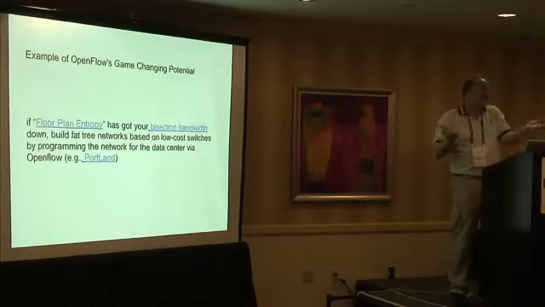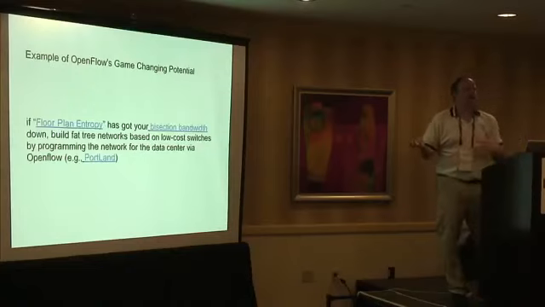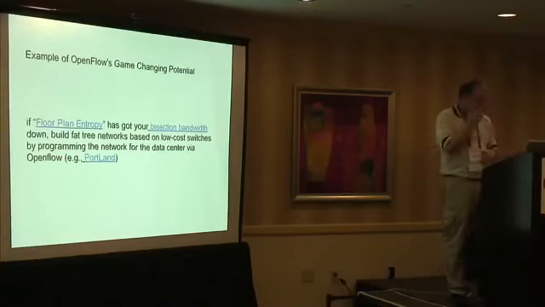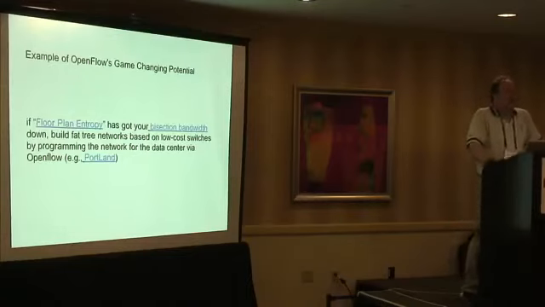But the other problem is fundamentally they're going to have to support high bisection bandwidth throughout the entire data center, because you just don't know where things are going to be. It's opaque. You can't predict what these tenants are going to do. So that can be an expensive and complicated problem to solve.